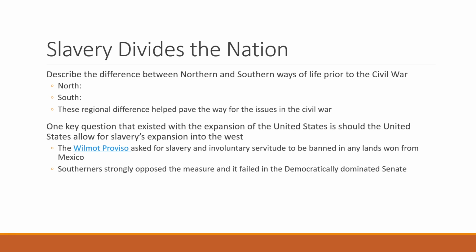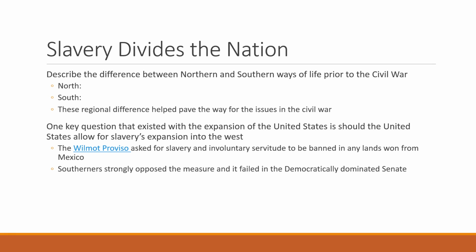So, looking at the concepts of what's going on within the system, we have to be able to see how slavery divides the nation. When we look at the difference between northern and southern ways of life, in the North, we have a very industrial society that is largely led by European immigration. So we've got cities, we've got factories, we've got a very urban way of life.